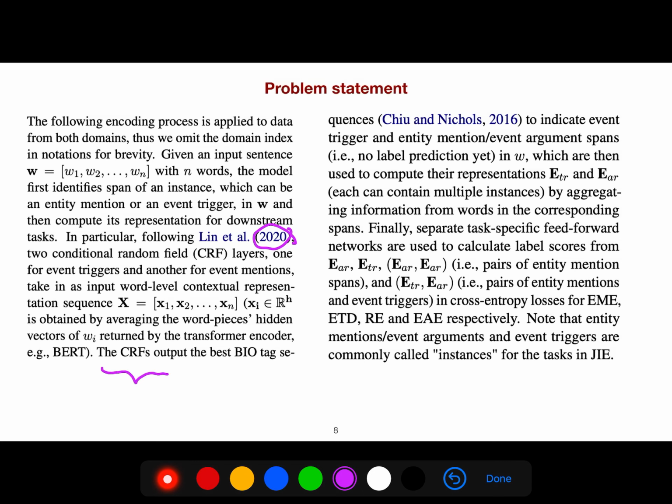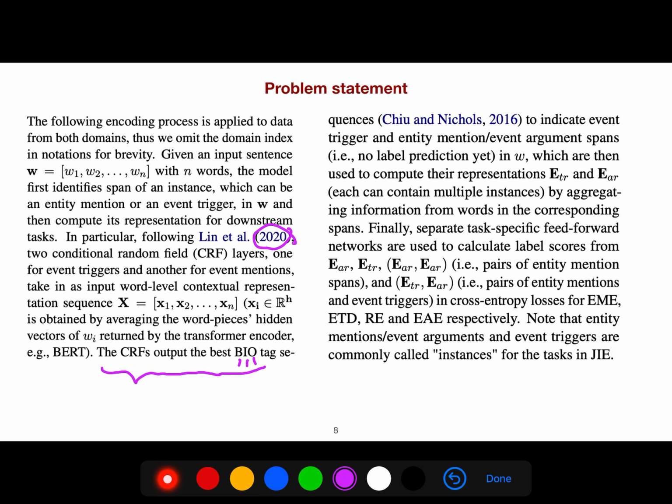The CRF output is the best BIO tag sequence, to indicate event trigger and entity mention event argument spans, which are then used to compute their representations by aggregating information from words in the corresponding spans.